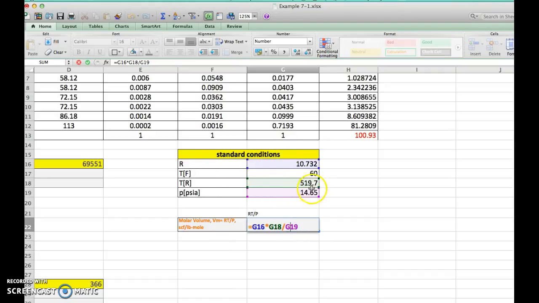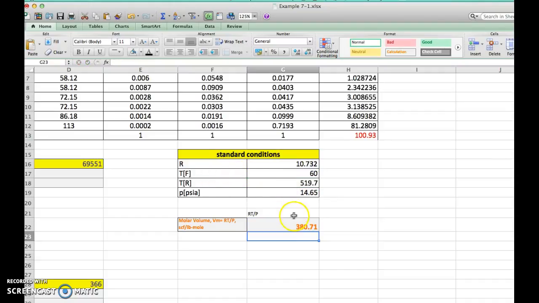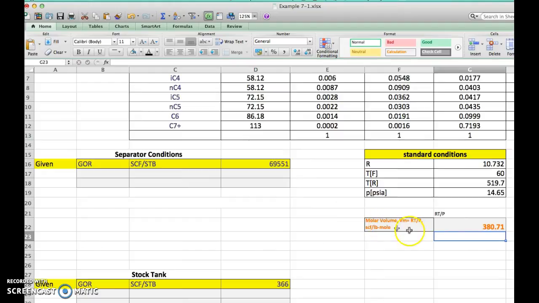Temperature of 60 degrees Fahrenheit, pressure of 14.65, and we have the R value. That will give us 380.71, which is a universal value if we have ideal gas behavior. Remember, this is molar volume, and the unit is SCF per pound mole.